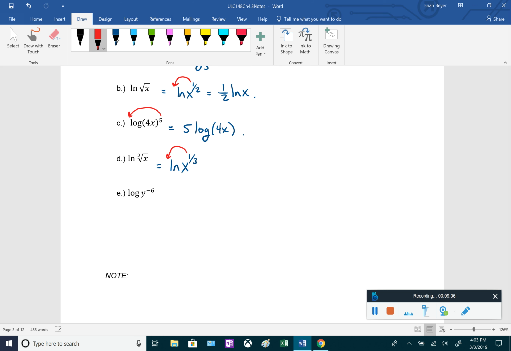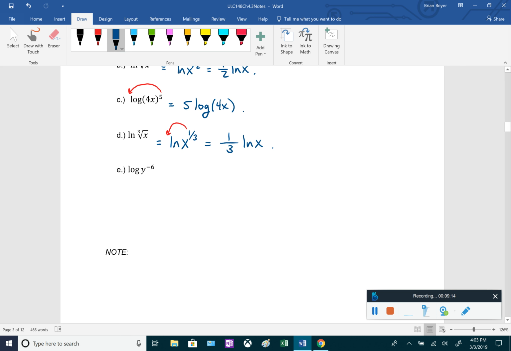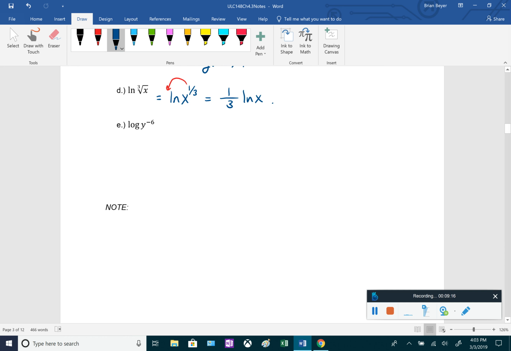So we bring that down out front and we get 1/3 times the ln of x. And for the last one here, for e, we have log of y to the -6. So we bring down the exponent of -6. That's -6 times log of y. Okay, so pretty simple rule. It's just a quick little mini one-stepper.